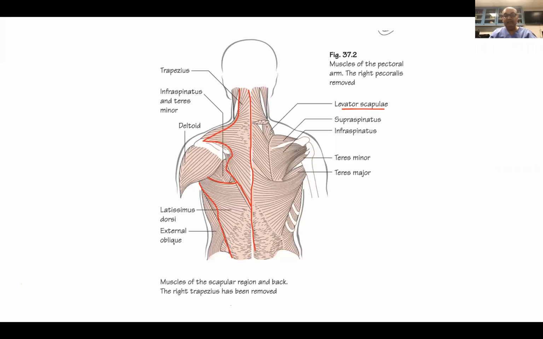Can you see that? This is my levator scapulae. Then you can see the rhomboids, major and minor both. Now, if somebody asks me about intrinsic muscles, guys, these are the intrinsic muscles of my scapula.